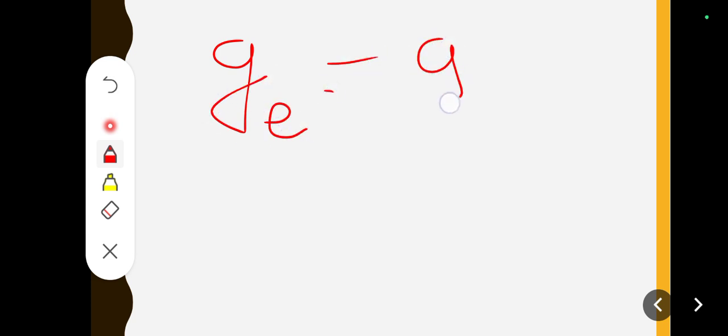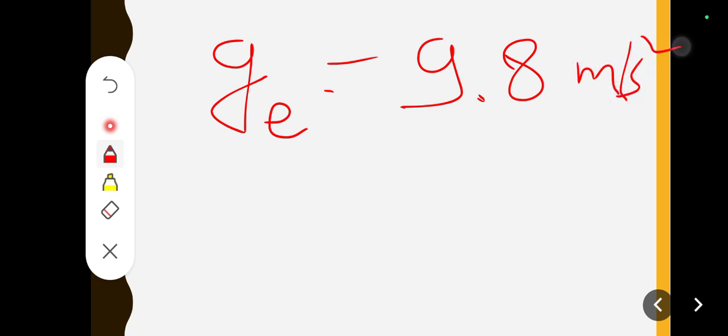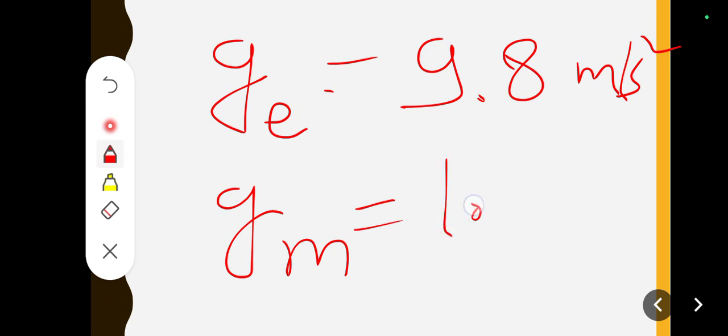सिंपल है, बहुत ही ईजी सा हो जाएगा हमारे लिए. लाइक ऑन ग्रेविटेशनल एक्सेलरेशन ऑन अर्थ इज 9.8 meter per second square. Gravitational acceleration on moon is 1.63 meter per second square.